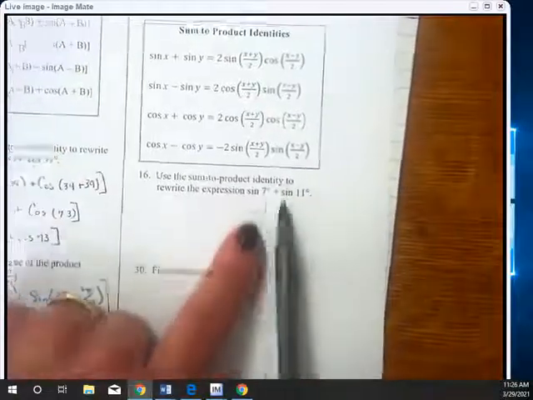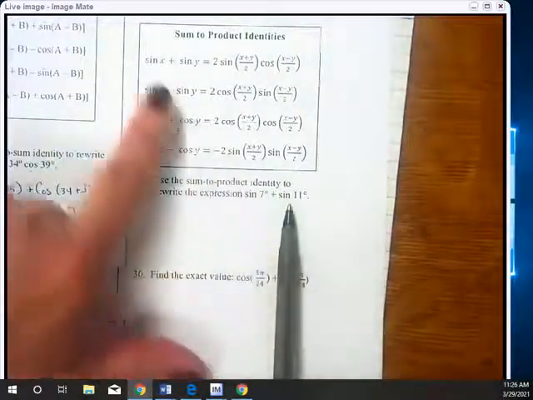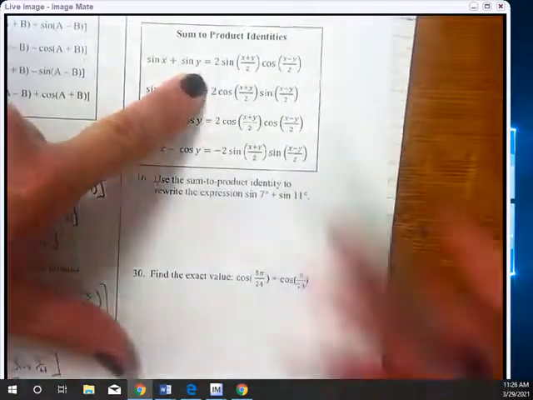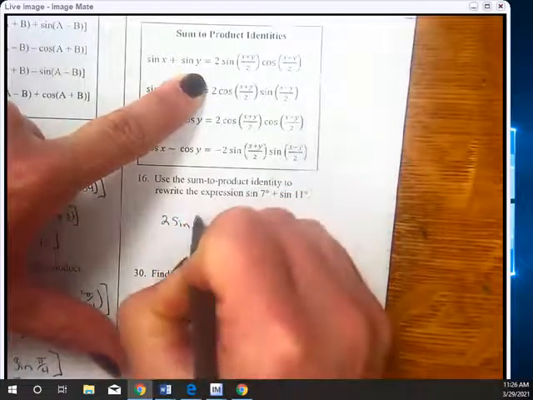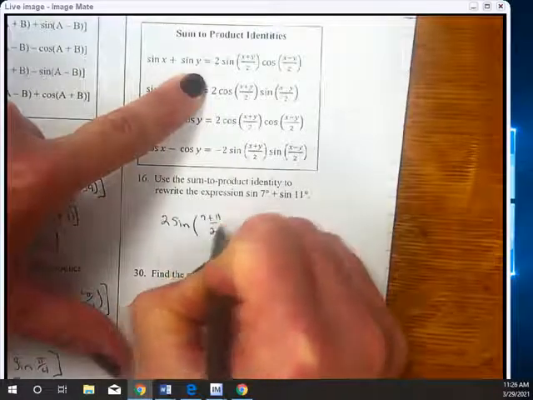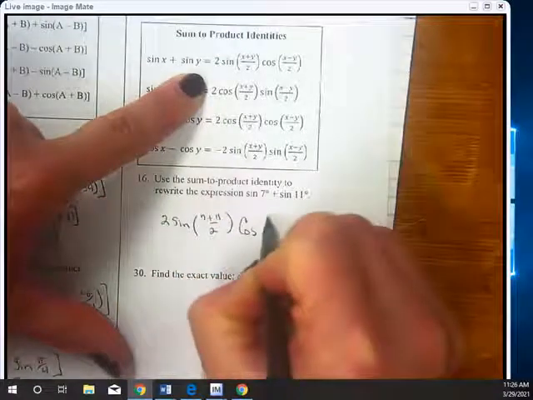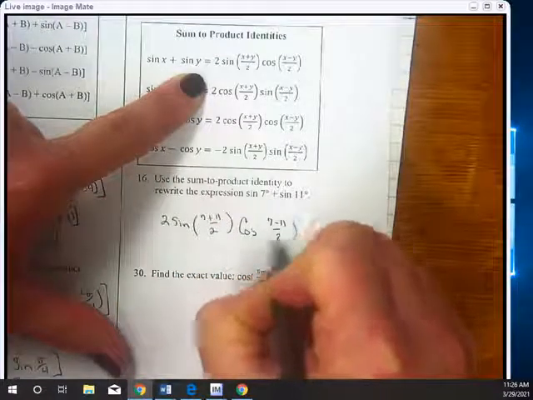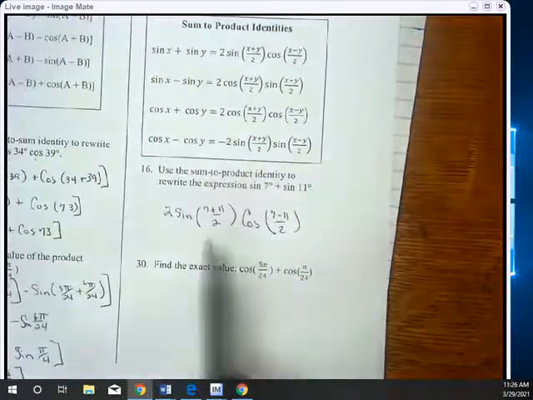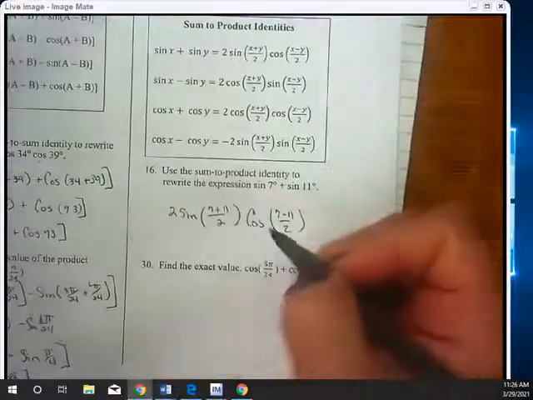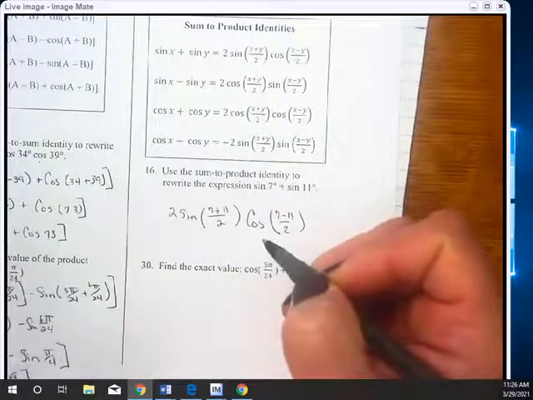All right. We have a sine plus a sine. Sine plus a sine is going to be 2 times your sine of 7 plus 11 over 2, cosine of 7 minus 11 over 2. 7 plus 11 divided by 2.